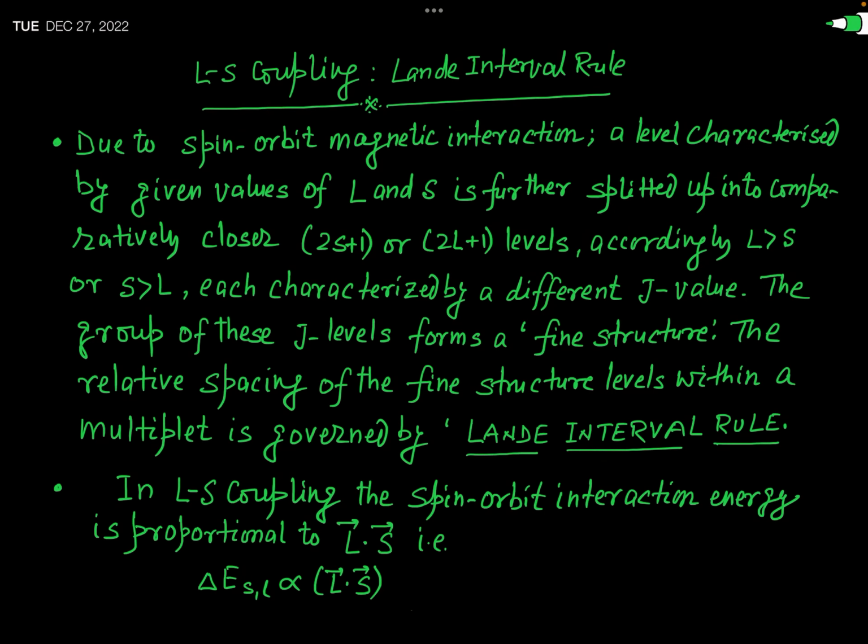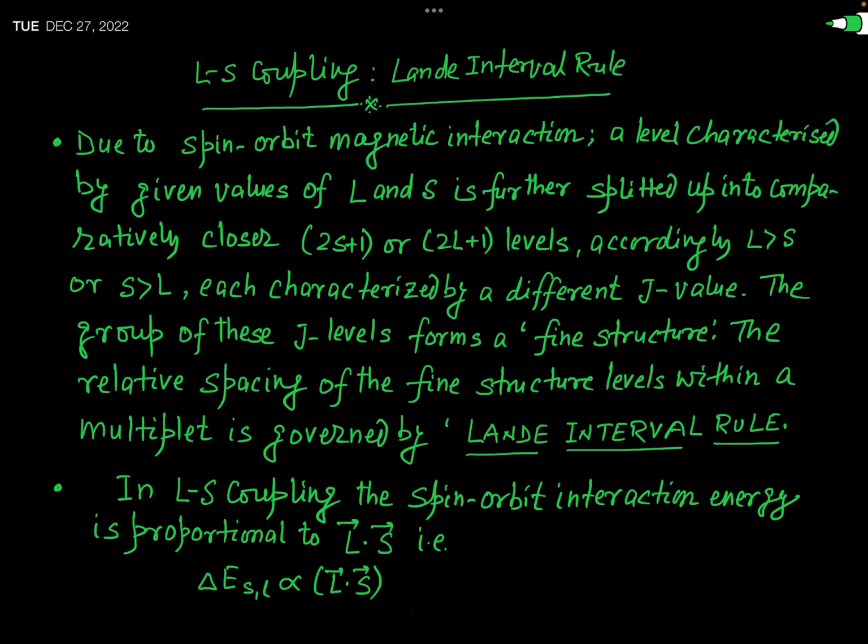In the previous lecture, we discussed in great detail the LS coupling. You have seen, in the case of lighter atoms with multiple optical electrons, that is, where the number of optical electrons is more than one, how LS coupling takes place.